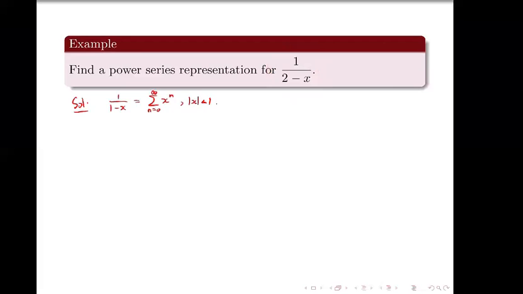We have 1 over 2 minus x, but we want 1. So we have to manipulate the denominator here, so that we will have some 1 minus something.